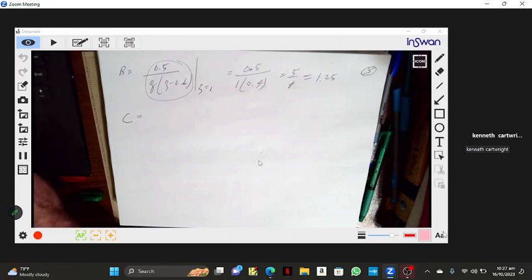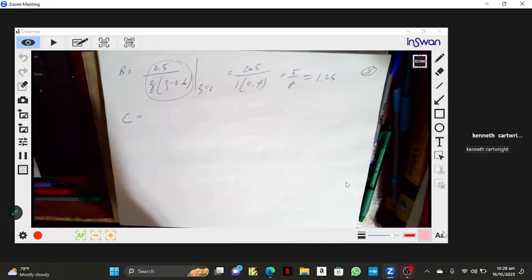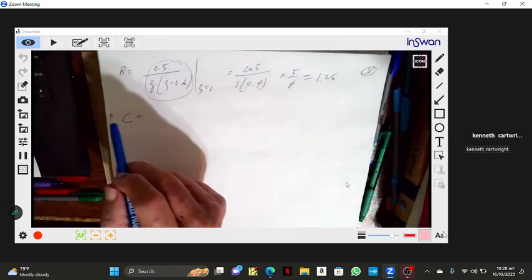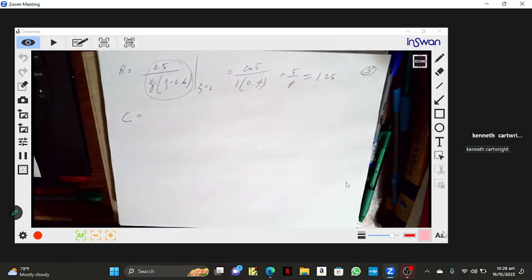Was that Mr. Kerr? Mr. Kerr, you got your answer? I'm looking at it. Give me one second. I said I'm looking at it, trying to figure it out. I'm just asking you to put Z equals 1 into this first equation. Put Z equals 1 into that, and what do you get?